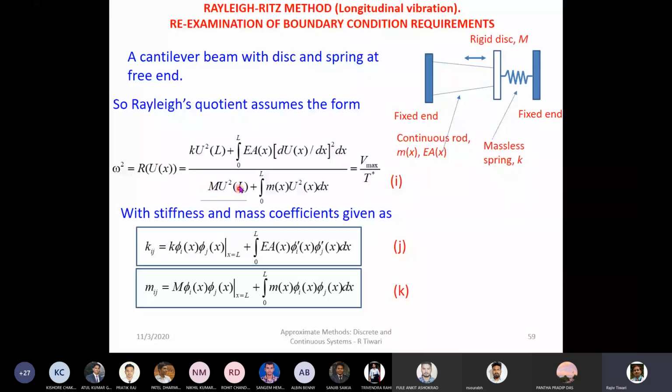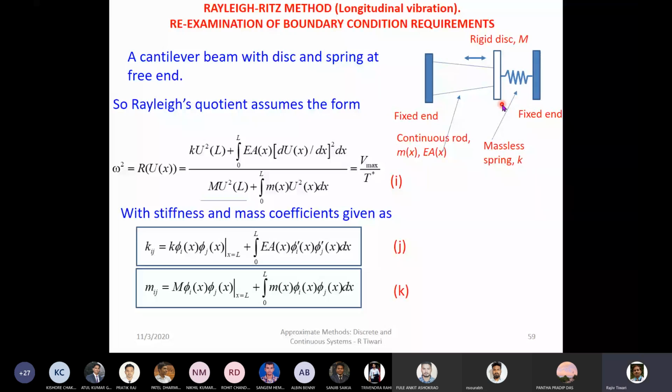So this is the additional term which will come. Rest of the terms are as they are in the previous case, because we have one additional disk at the boundary. So that will contribute here, and the change will be there in the mass coefficient. So the mass coefficient will get changed, similar to the stiffness term. Now we have an additional term in the mass coefficient also when we have a disk here.